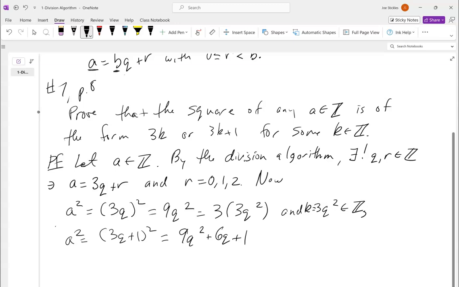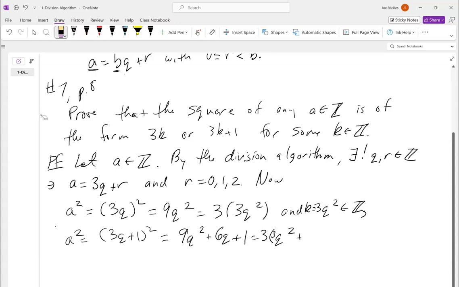All right. So the first question, now remember the stem of the problem says that we need 3 times an integer or 3 times an integer plus 1. Which of the 2 forms do you think we're going to use here? Yeah, 3 times an integer plus 1, right? So how do you think we should rewrite that so we see it? Just 3 times 3Q squared plus 2Q.